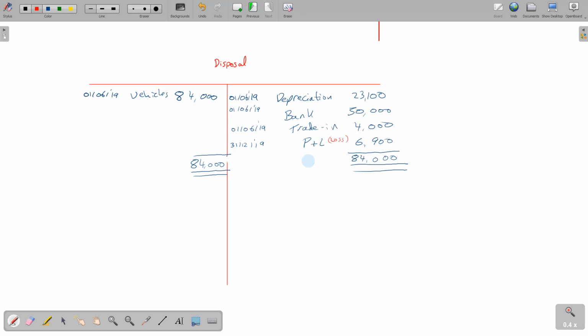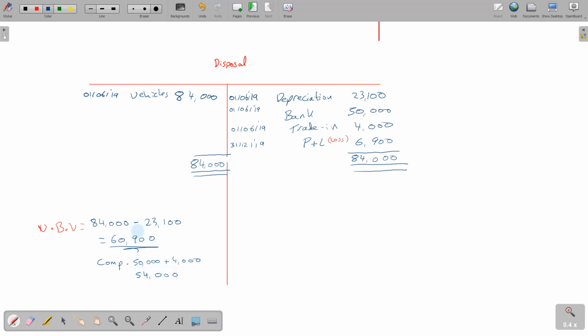The other way you could think about it is net book value. So what's the actual value of the vehicle now? Currently 84,000 less 23,100 is 60,900. Okay, we got compensation of 50,000 plus 4,000 trade-in, which is 54,000.